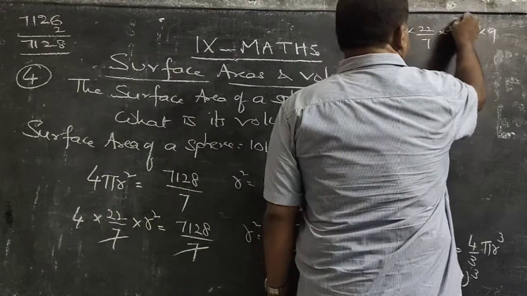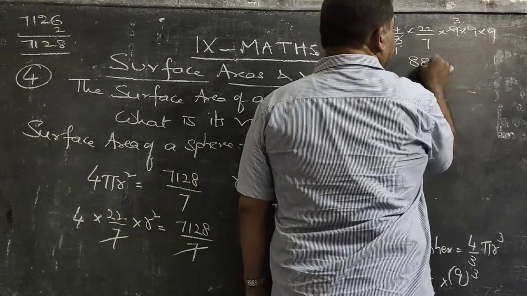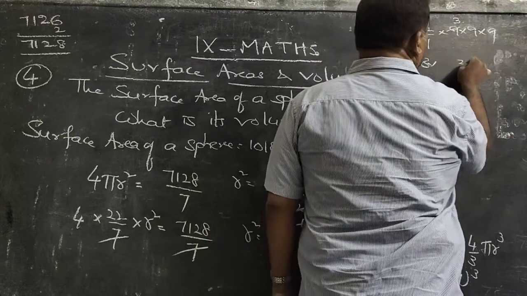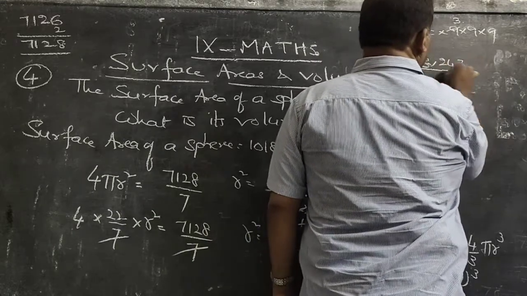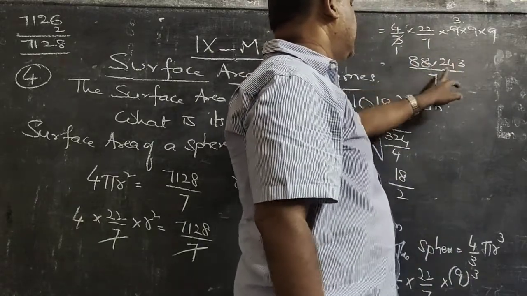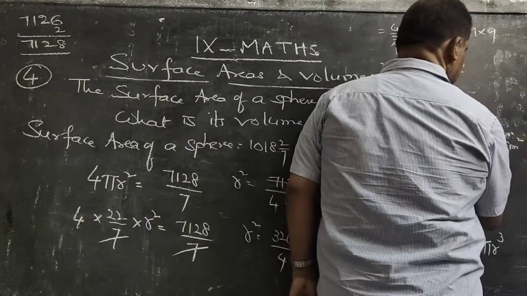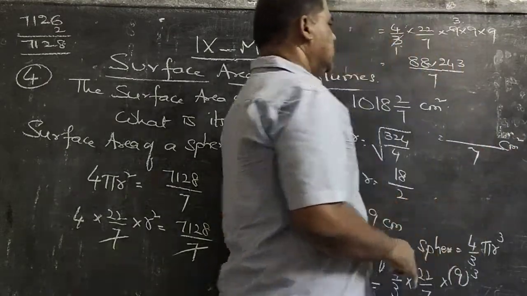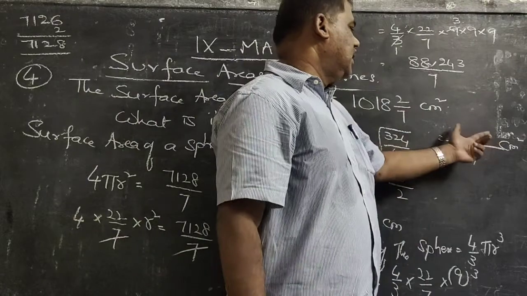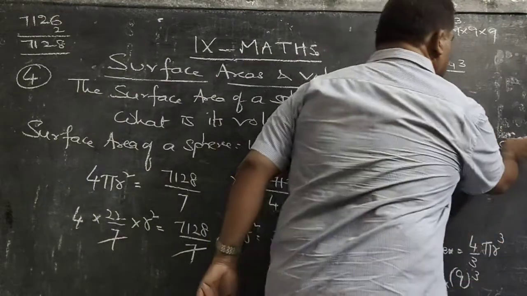Three ones are 3, three threes are 9. 4 into 22 is 88. This is 243 by 7. Multiply 88 and 243 by 7. That is the answer. So this 88 into 243 you multiply, you will get a number. By 7 you keep as this. That is the centimeter cube answer.